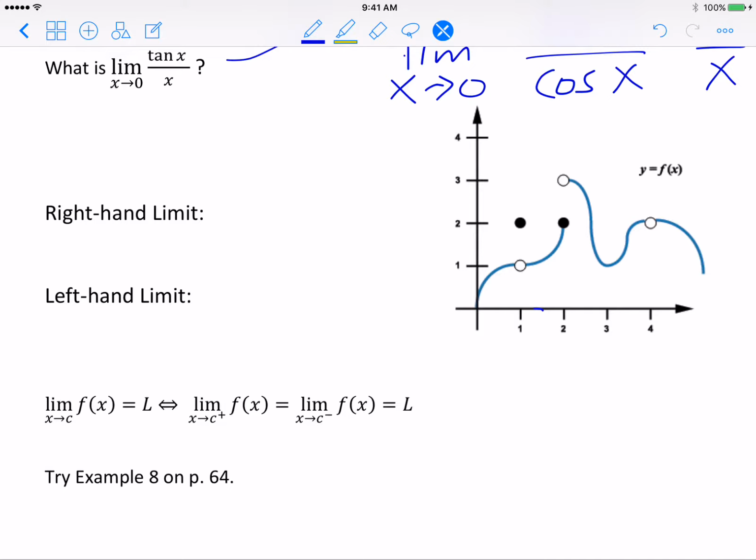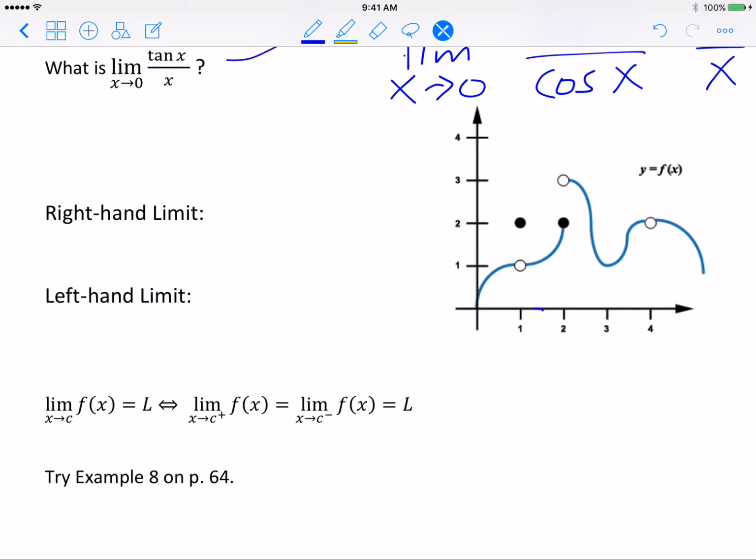I won't write anything on here for now. If you take a look at the graph, take a look at the x value of 1. Your right-hand limit is the limit of that function from the right side. As you get closer and closer to 1 from the right side, what's the y value becoming? The y value is becoming 1. So we say that the right-hand limit as x approaches 1 is also 1.